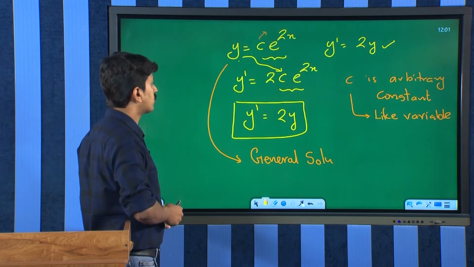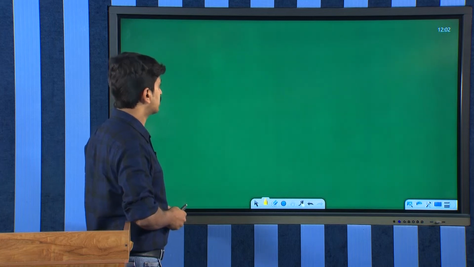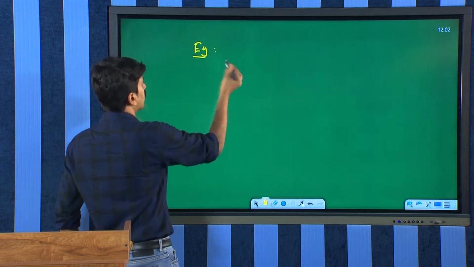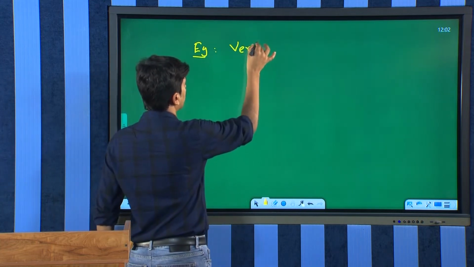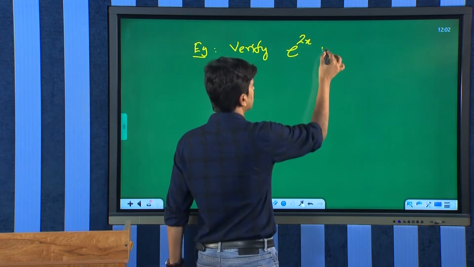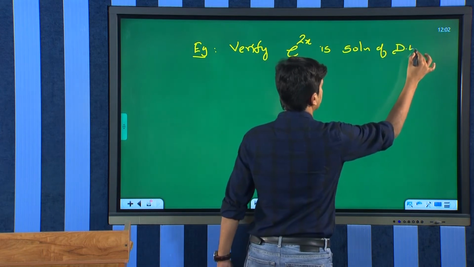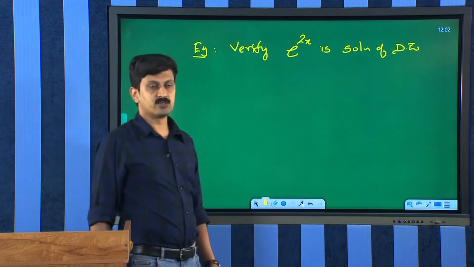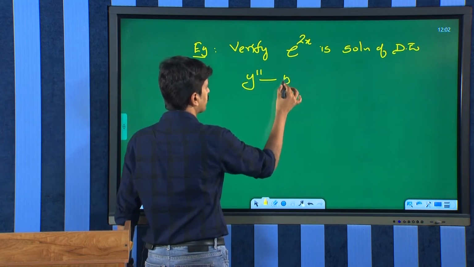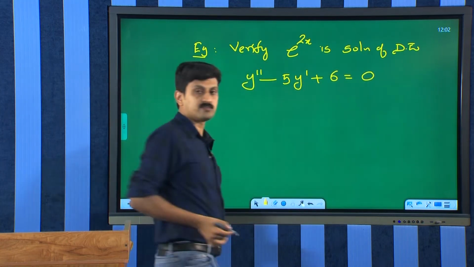See, I would like to draw one more question: verify e raised to 2x is a solution of the differential equation y double dash minus 5y dash plus 6 equal to 0.